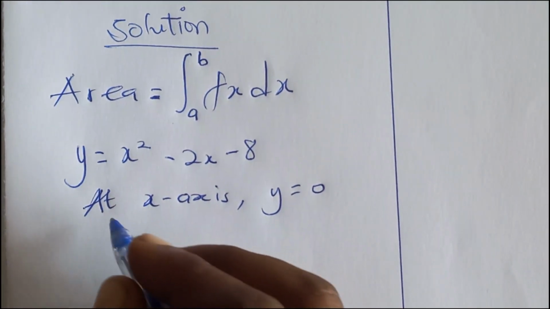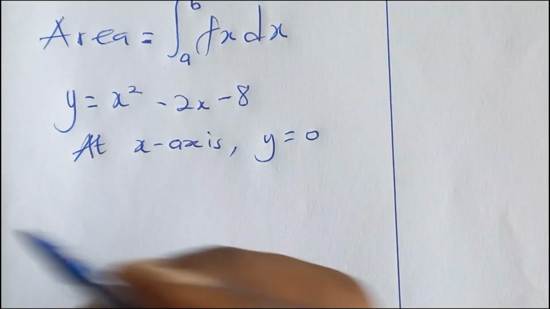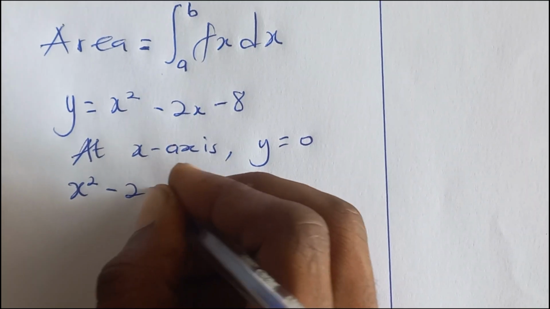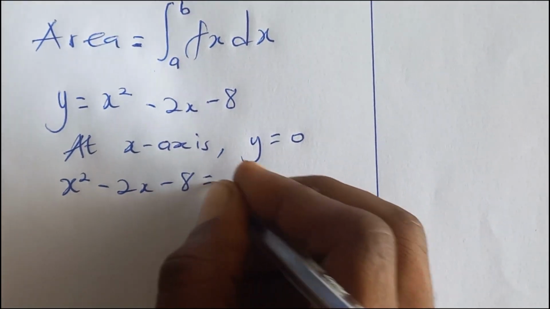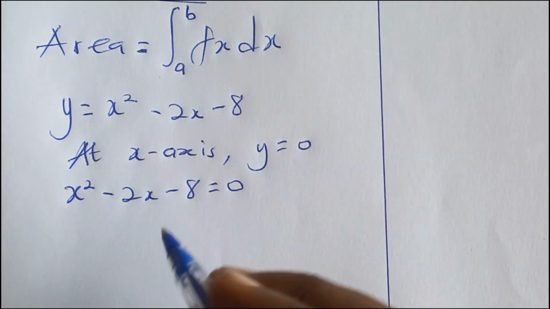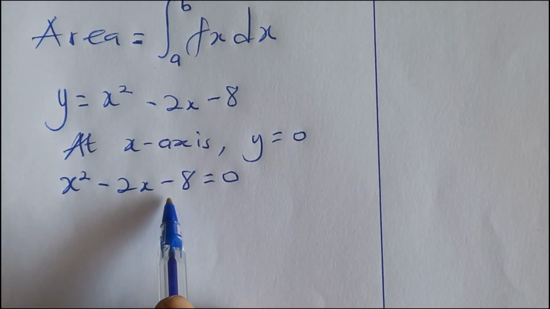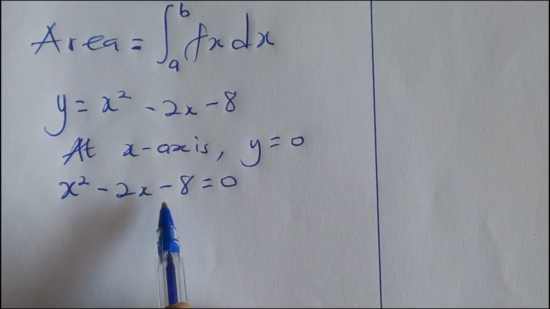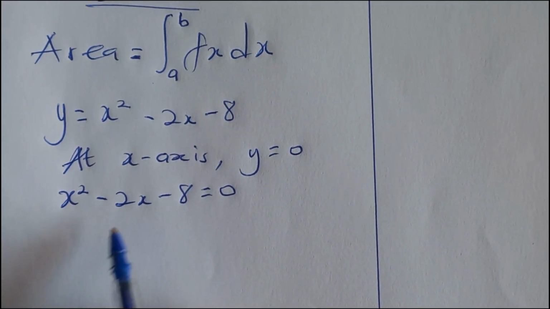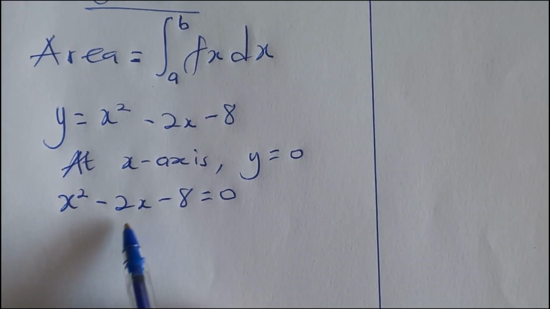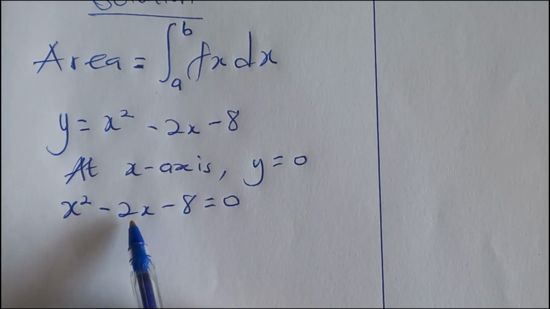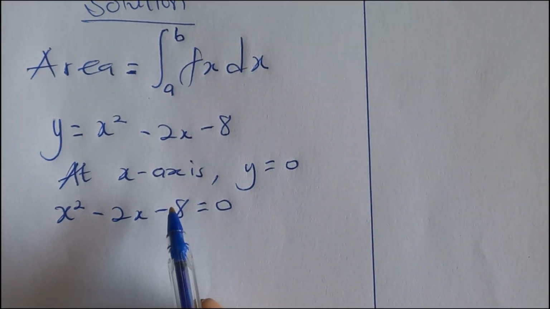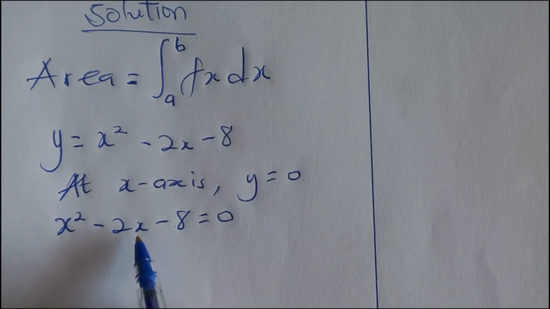So we can now equate our equation to 0. So we get x squared minus 2x minus 8 is equal to 0. We can use the factorization method to solve this quadratic equation for the values of x. In this case, you look for two numbers that, when you multiply, give negative 8, but when you add, give negative 2.